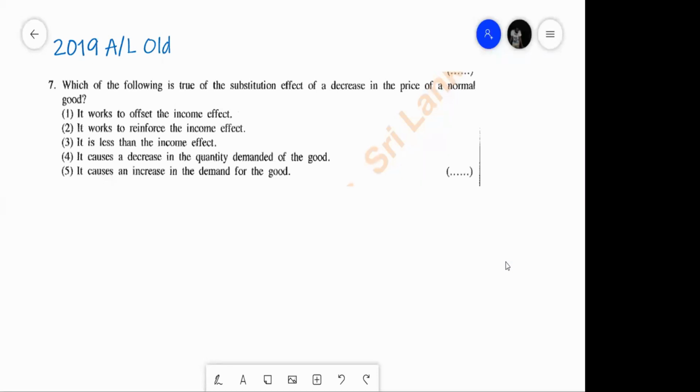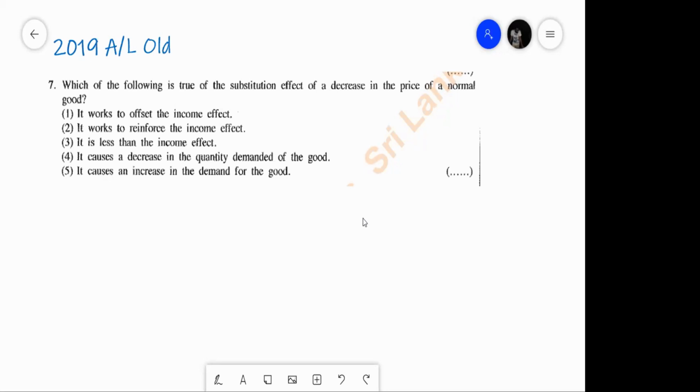Cause an increase in demand, no, because okay, number 5, someone says 2. Okay, think. Okay, again, it's a little confusing here. What happens is look at the direction it goes. When it's a normal good, right? Think normal good.